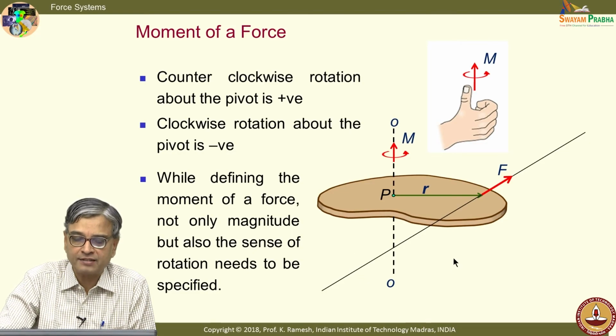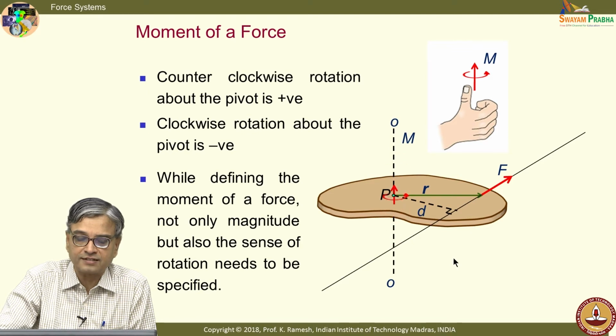Do not hang on to only vectorial algebra and say R cross F, I get all these components i, j, k, then the subject becomes very dry. There is no life to the subject. You should always visualize how the force is trying to rotate the body.